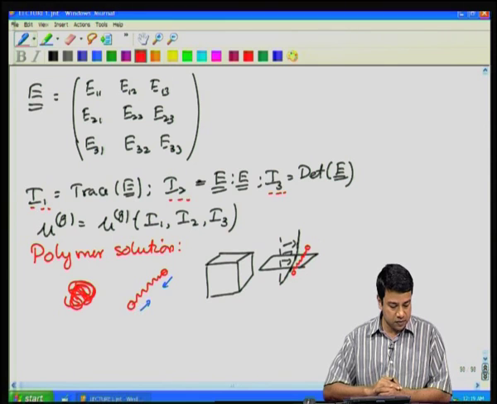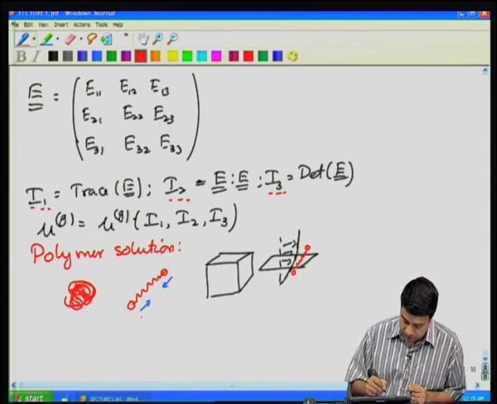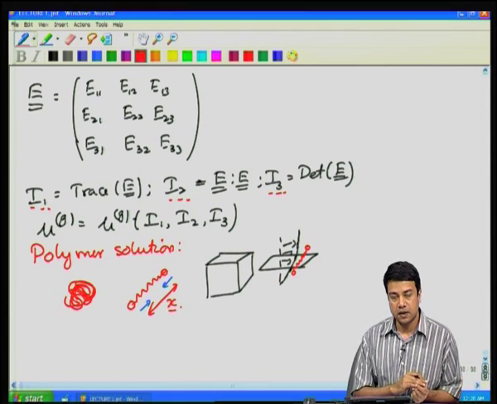The stress tensor due to the force is basically proportional to what is called the end to end vector distance. Okay. So, if I have a polymer, and the distance between these two ends is x vector, I can create a tensor by taking the dyadic product of these two ends.